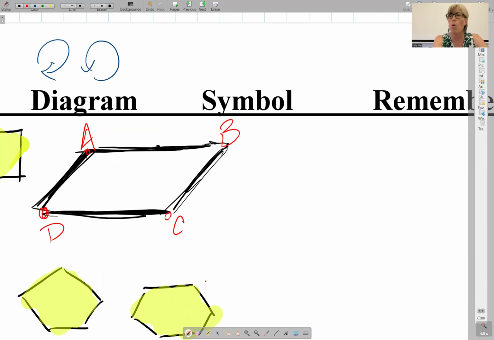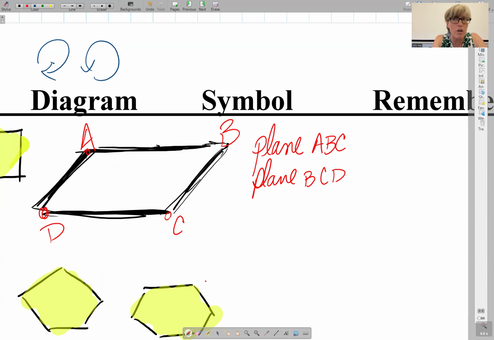So you can name, or I can name all 4. I can name this plane just with the word plane, and I can call it ABC. I could call it plane BCD. If it annoys you not to have all four and you're seeing four, you can call it plane ABCD. All of that works.